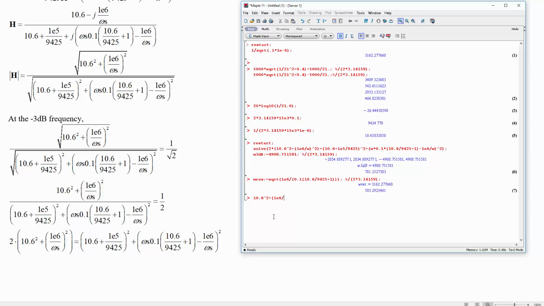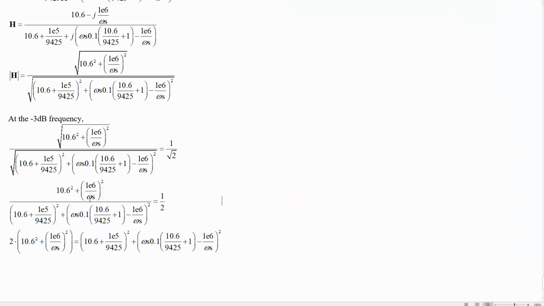Oh, no, we need omega over 3162 all squared in the numerator. And the denominator is this 10.6 plus 1e5 over 9425 all squared. So the numerator ends up being a fair bit bigger than the denominator in this case. So what we've got is a resonance effect.